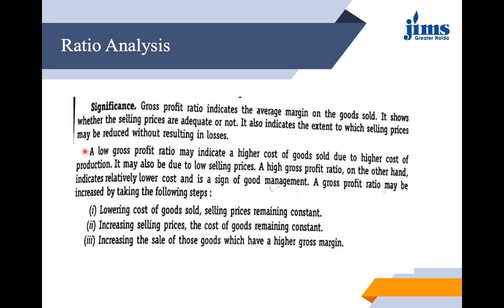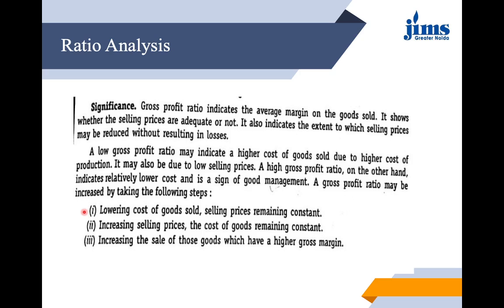A gross profit ratio may be increased by taking a few steps. Lowering the cost of goods sold while selling prices remain constant. Increasing selling prices while the cost of goods remains constant. Increasing the sale of those goods which have a higher gross margin.